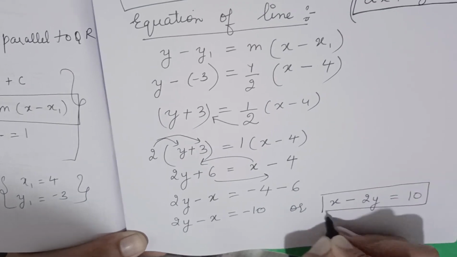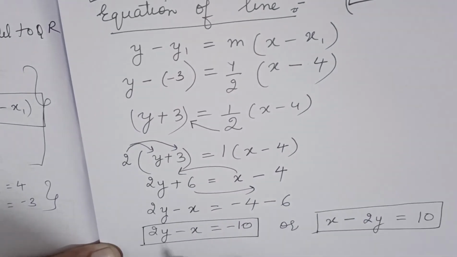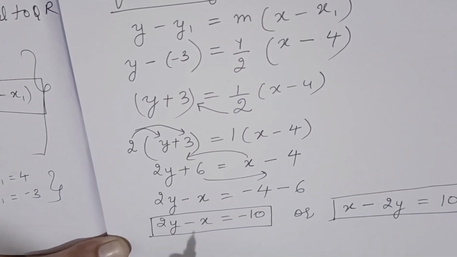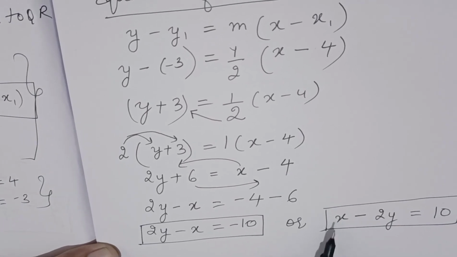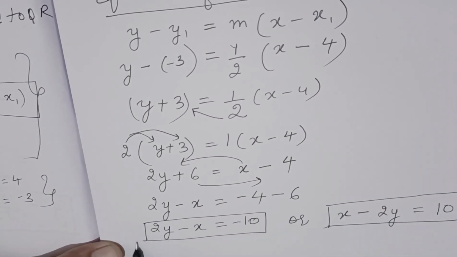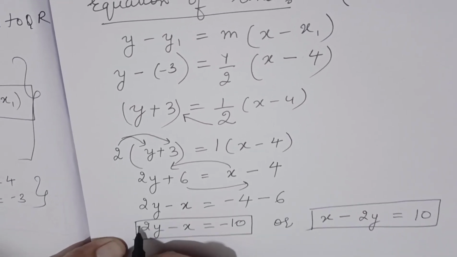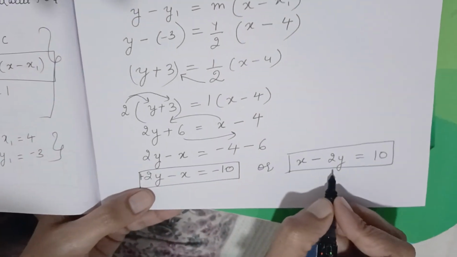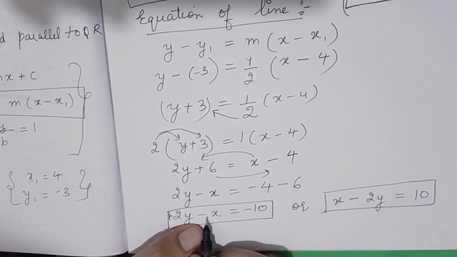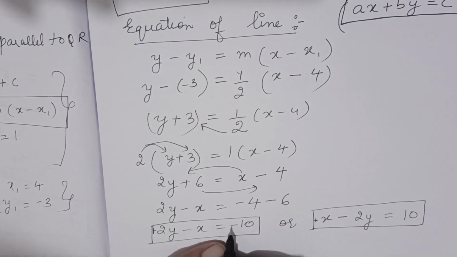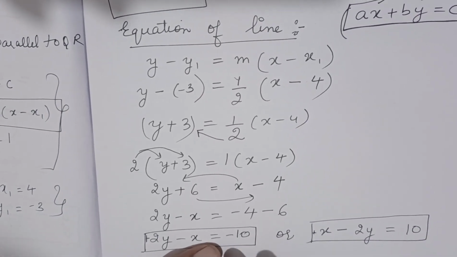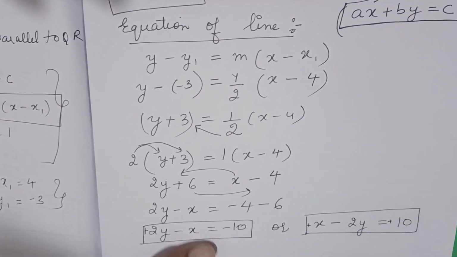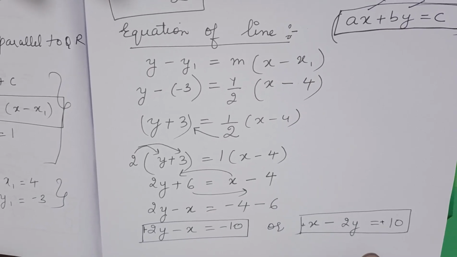What I have done is just taken the minus sign common, so that our x can be positive. When we take it common, the signs become opposite. Here you can see y was positive, y became negative. Minus x was negative, x became positive. Minus 10 negative again changed to positive. So we can rewrite it this way also.